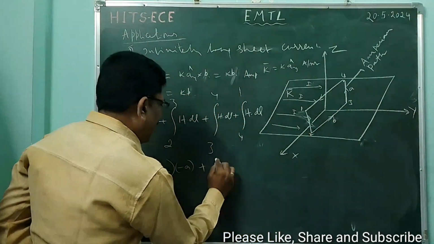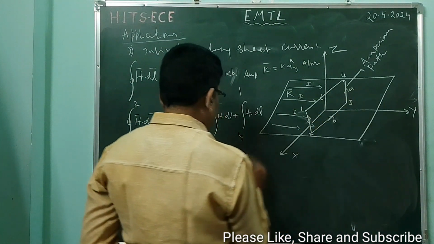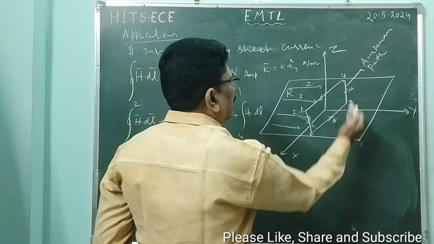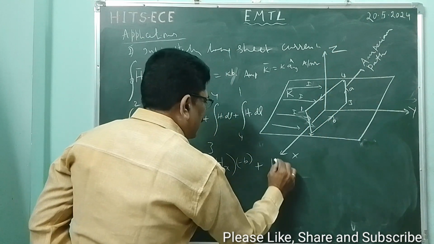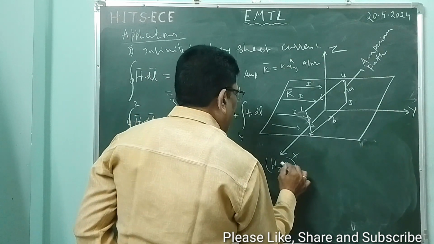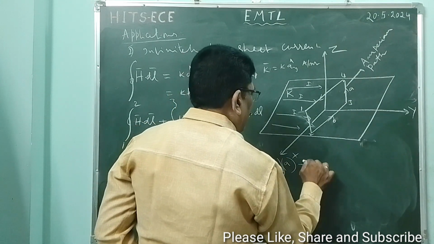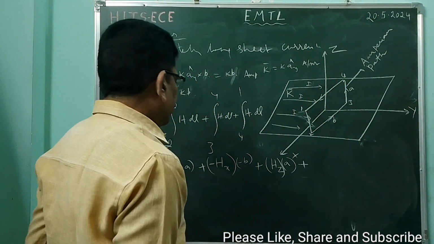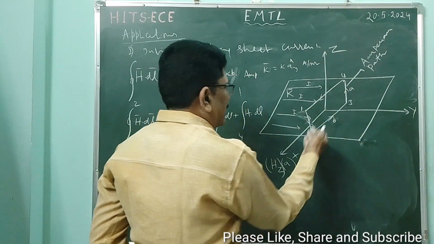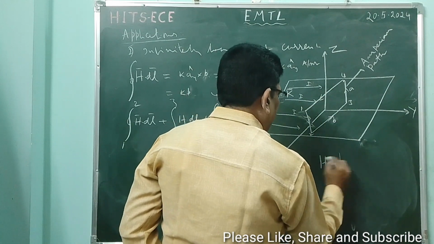So Hx is negative into B is also negative, minus B. For 3 to 4, Z is positive, so that is Hz into A. For 4 to 1, in the direction of X axis, Hx, and B is also positive.